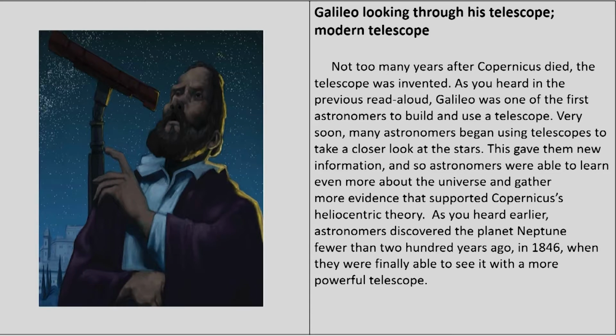This gave them new information, and so astronomers were able to learn even more about the universe and gather more evidence that supported Copernicus's heliocentric theory. As you heard earlier, astronomers discovered the planet Neptune fewer than 200 years ago, in 1846, when they were finally able to see it with a more powerful telescope.